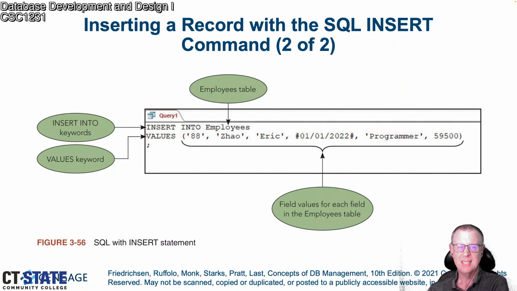Here's an example: insert into employees with values those, and each field in the table has to have a value. Otherwise, you may still be able to do it, but before the VALUES keyword, you need to nominate which fields you're inserting data into, and that'll tell the database which ones you're not giving information for.